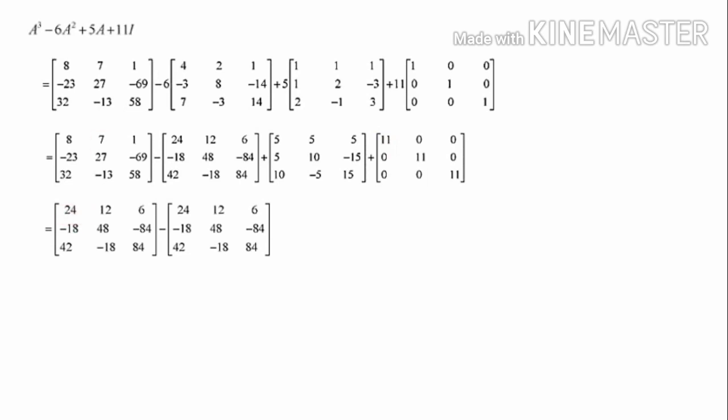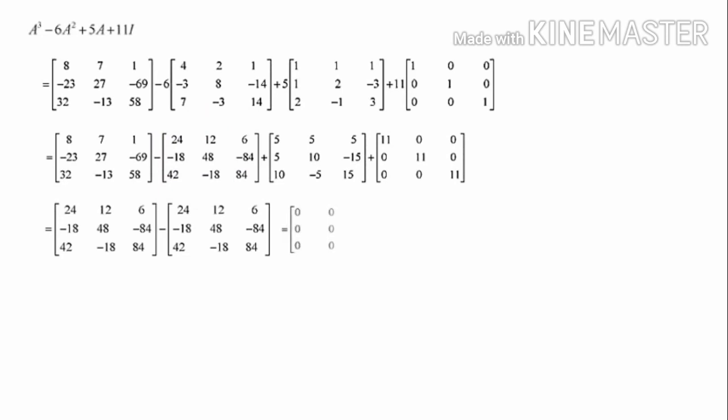Likewise 7 plus 5 is 12, plus 0, that is 12. So each element we have to add like this: 1 plus 5 is 6, plus 0, that is 6. Like that, the second row we have to add, the third row we have to add, then we will get minus 18 48 minus 84, 42 minus 18 84, minus the second matrix we have to write as it is.